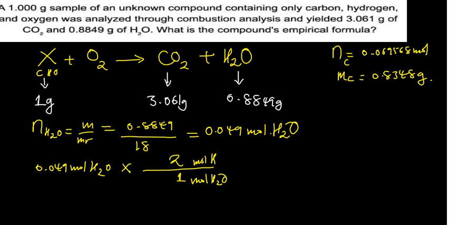Okay, so this mole of water and this mole of water are going to cancel. The answer is going to remain in moles of hydrogen. So the answer that is there on the calculator, just multiply it by 2. 0.098. This is going to be moles of hydrogen. So I'm going to put here the number of moles of hydrogen is 0.098 moles.